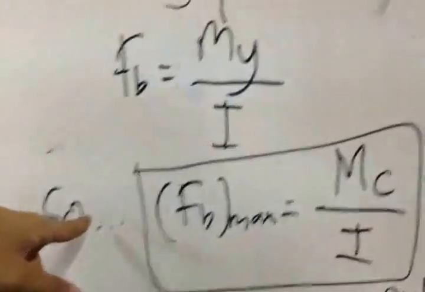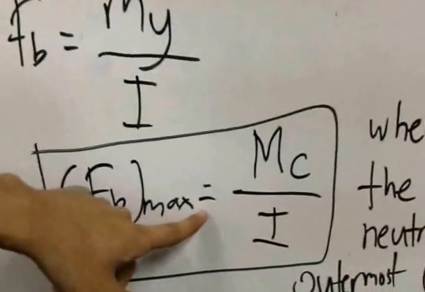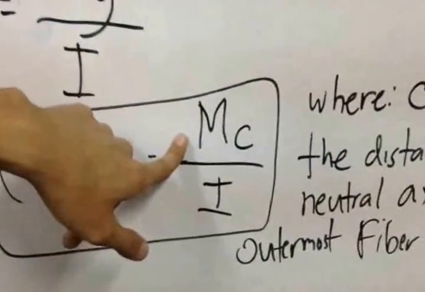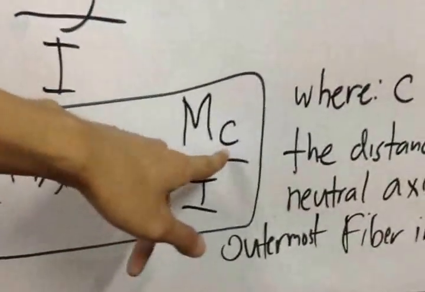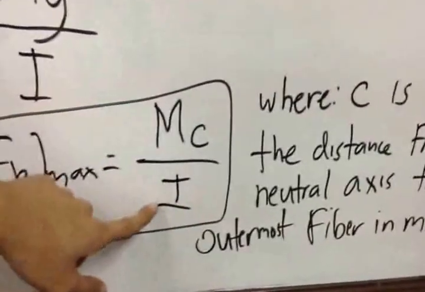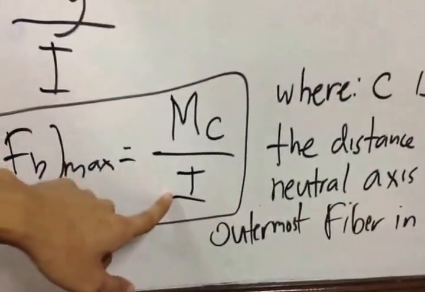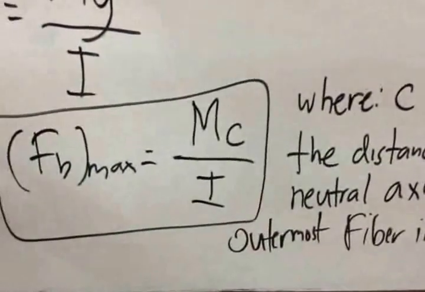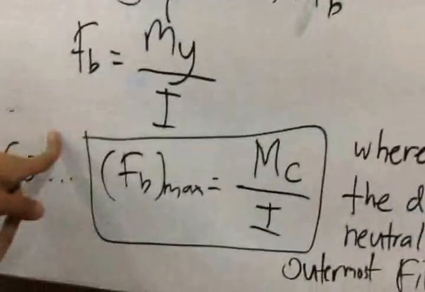So FB max will be equivalent to the bending moment times C, or the distance from the neutral axis to the outermost fiber in millimeters, over the centroidal moment of inertia in millimeters to the fourth. So you will use this equation to be able to answer the problem.